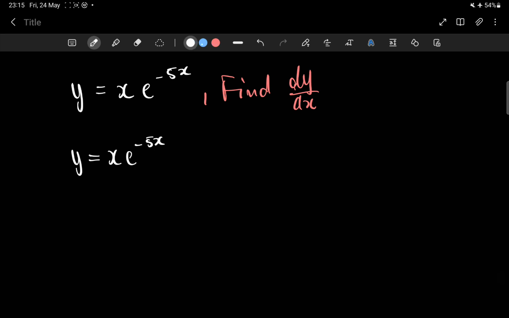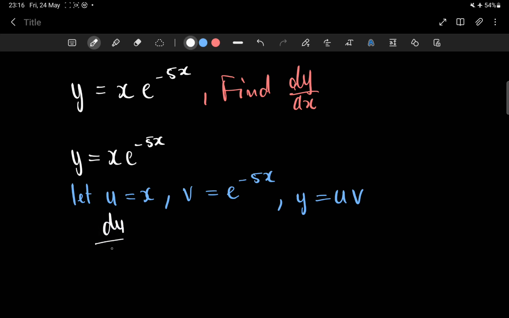Then now we're going to say let u be equal to x, v be equal to e to the negative 5x, which means y will be equal to uv. Now you can say that du dx, derivative of u with respect to x.